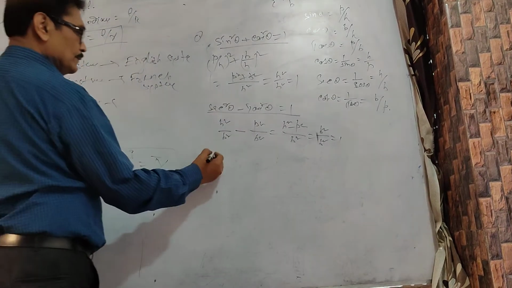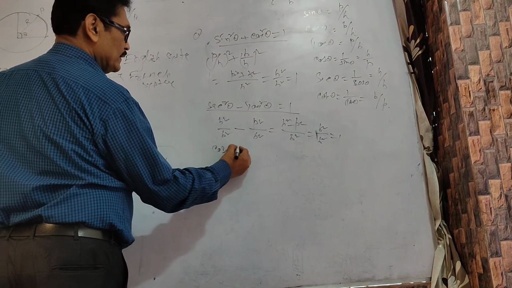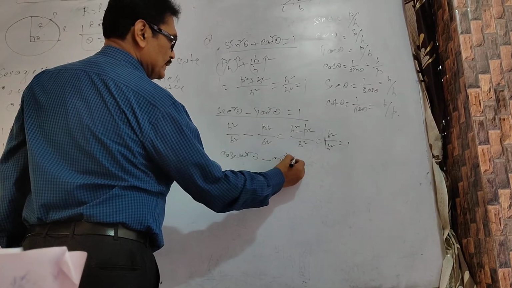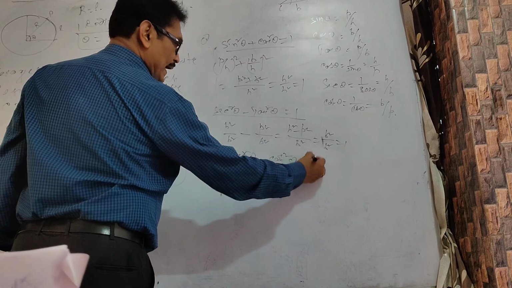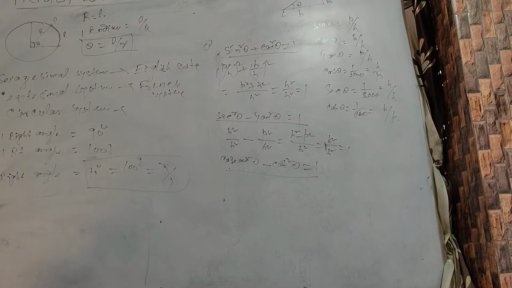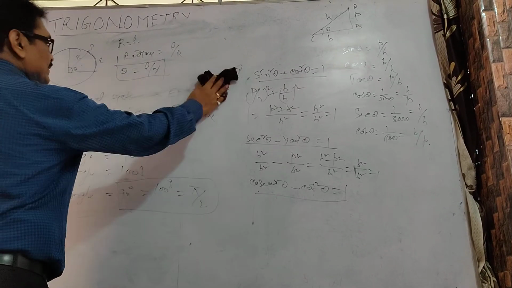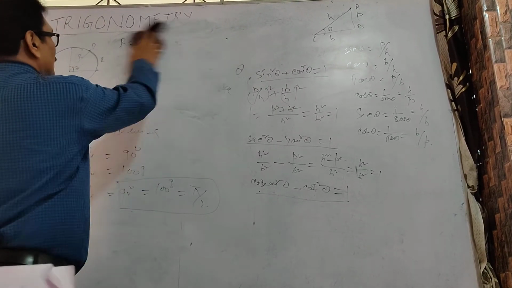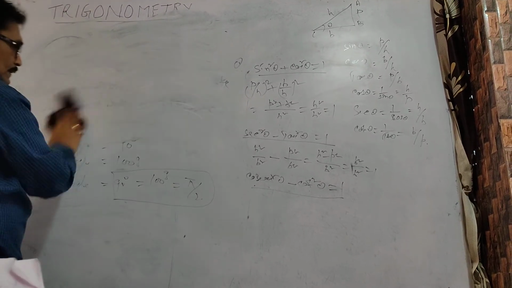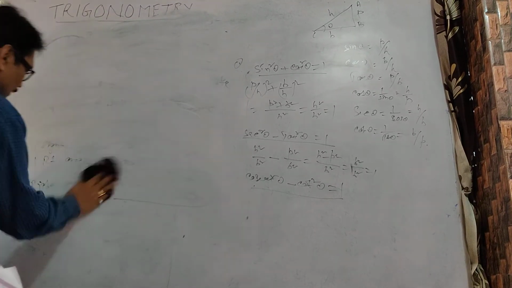Similarly, you can write cosec square theta minus cot square theta is also 1. So we have discussed about the measurement of angle in terms of sine, cosine, tan.